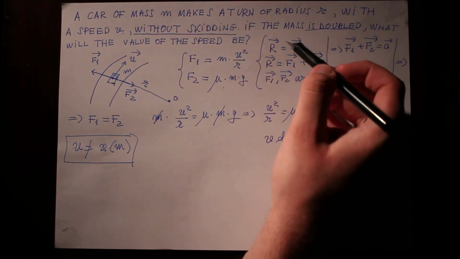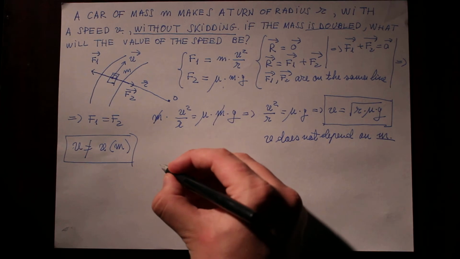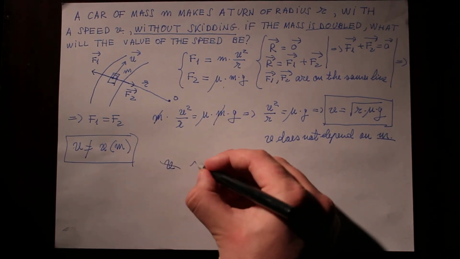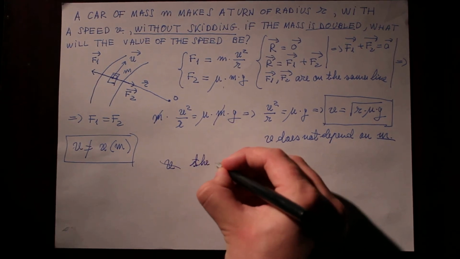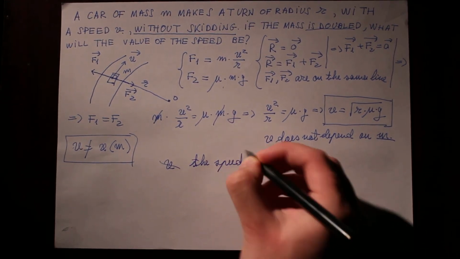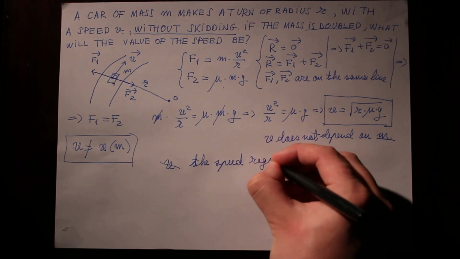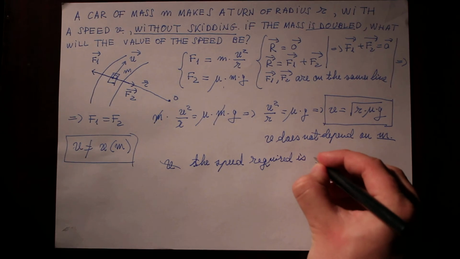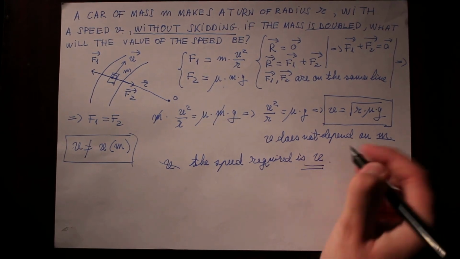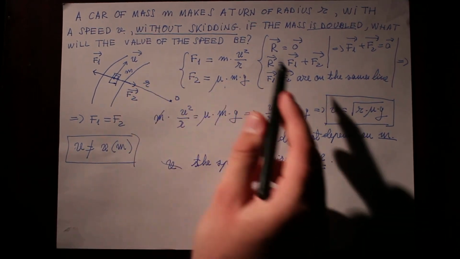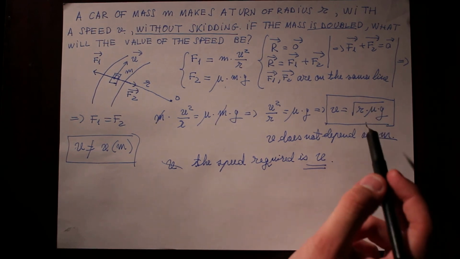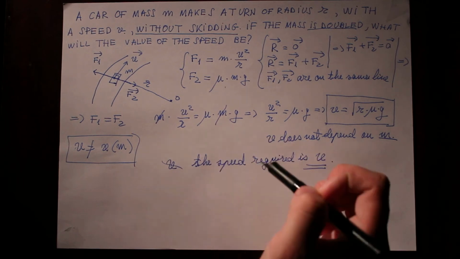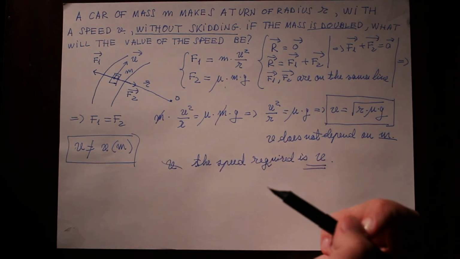And so the answer to the question is that the velocity, the speed actually, just the speed required, is the exact same speed as in the initial case, because the speed is not a function of mass. Okay? Yeah, so that is it.